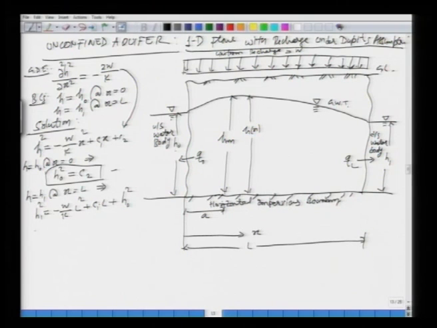So, once you simplify this, you will have C1 is equal to minus of your H0 square minus H1 square minus WL squared over K, this whole thing divided by L. You can verify that, that is going to be your C1.